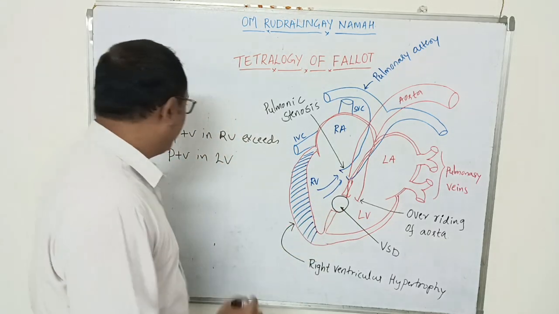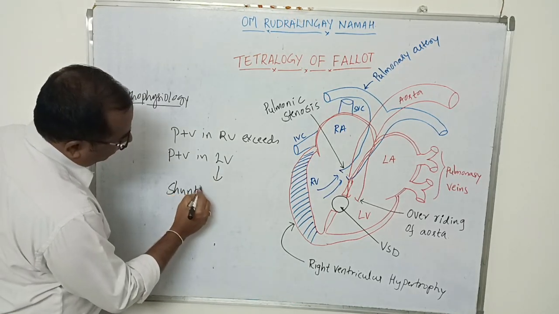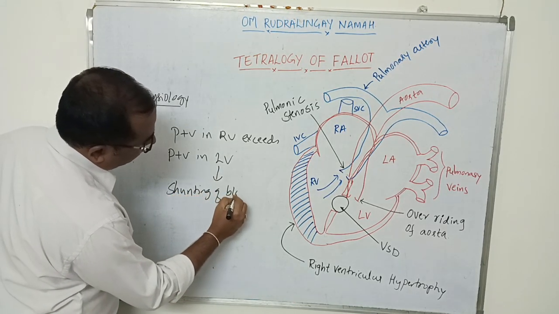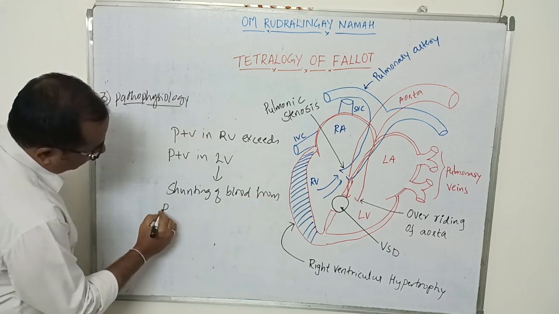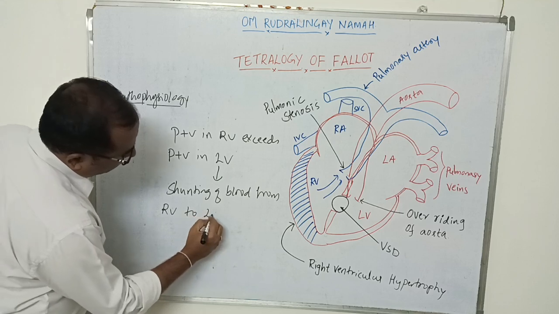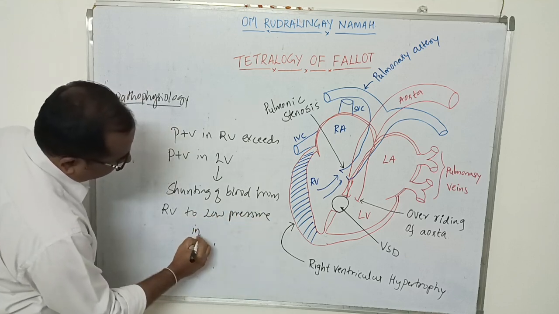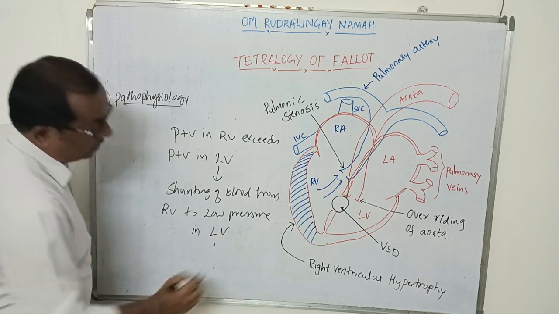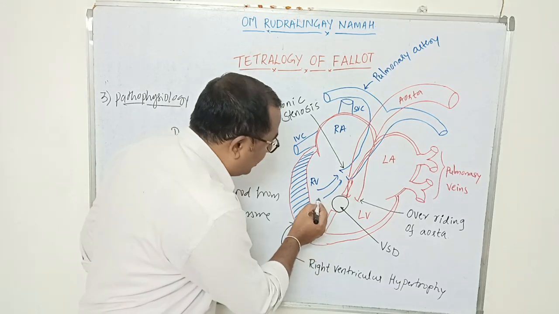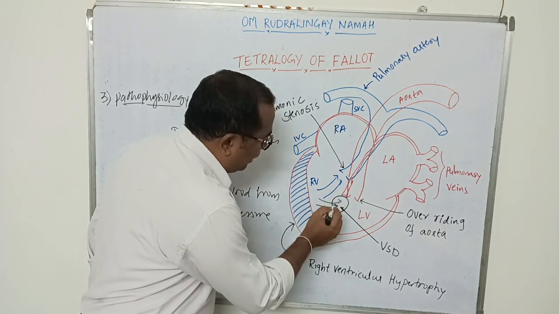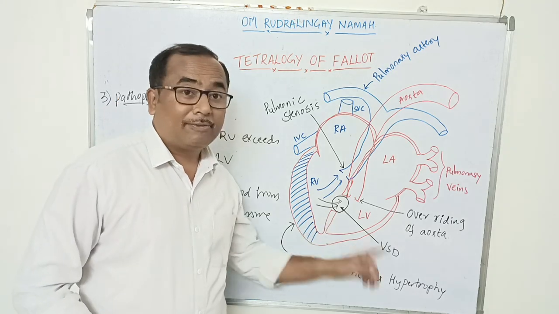So because of this pressure gradient, there is a shunting of blood from high pressure in right ventricle to low pressure in left ventricle, exactly opposite to that of ventricular septal defect.